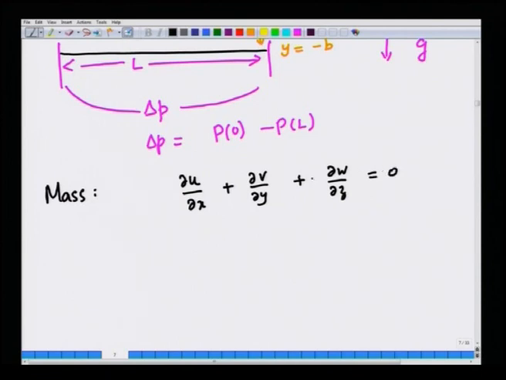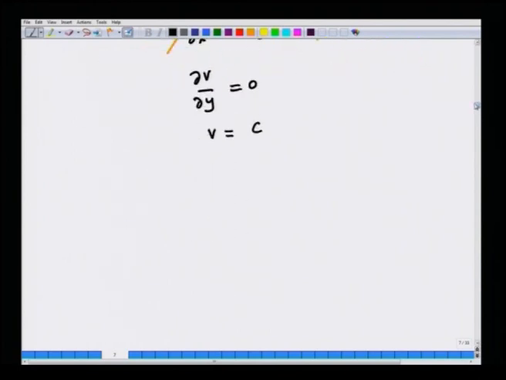First of all, we can say that w is 0, okay, and since u is fully developed, this is 0. So, the mass conservation equation will tell you that partial v partial y is 0, or v is some constant that is independent of y. Okay. So, since things are independent of x, it is just a constant.